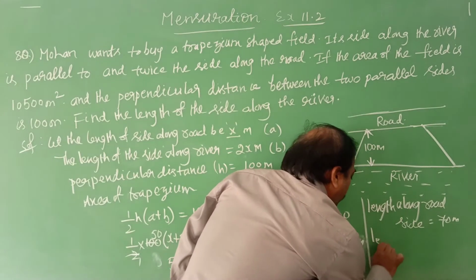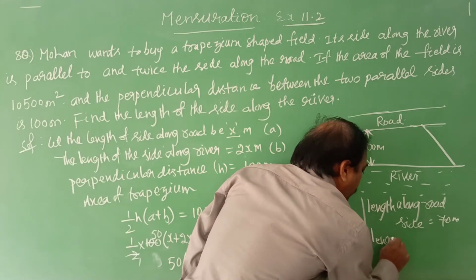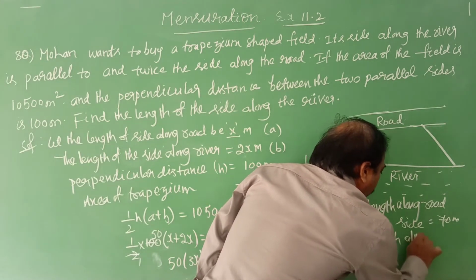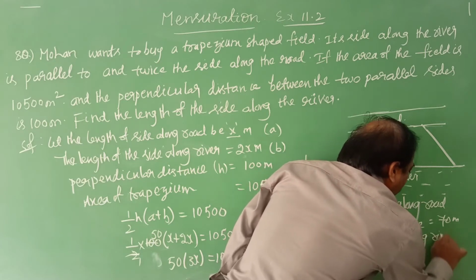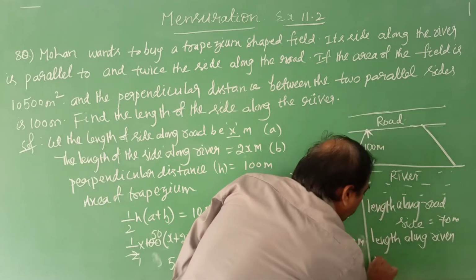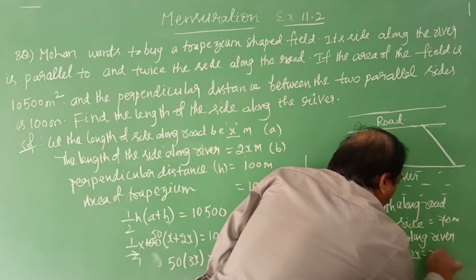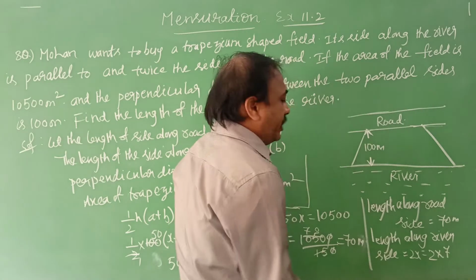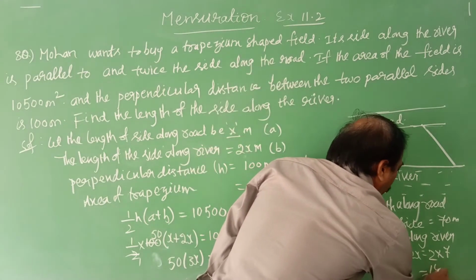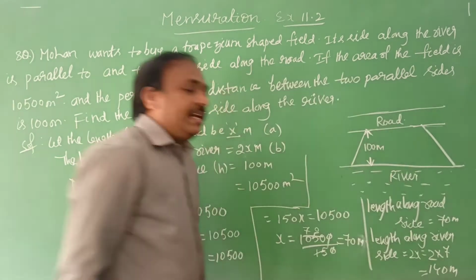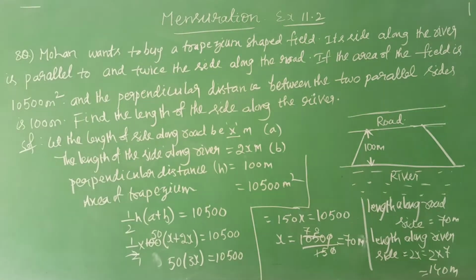So the length along the river side is 2 into 70, which is equal to 140 meters. So the length along the river side is 140 meters and the length along the roadside is 70 meters.